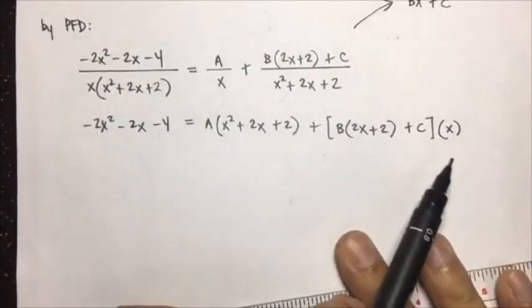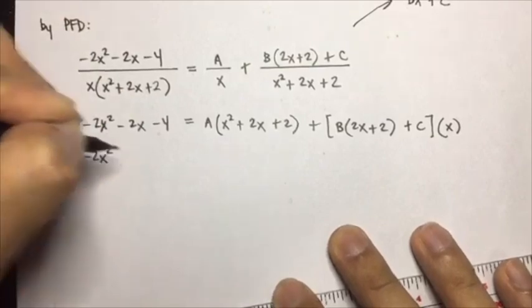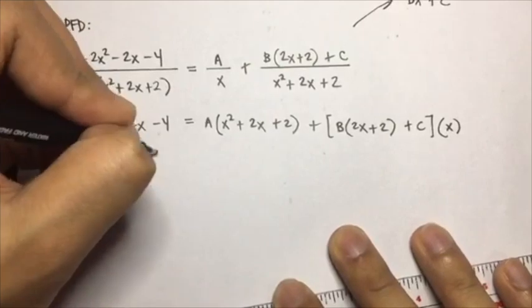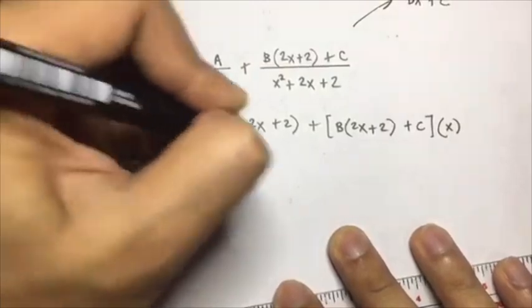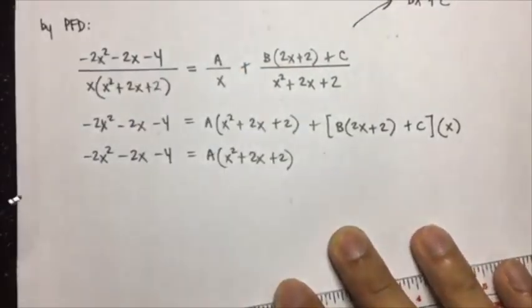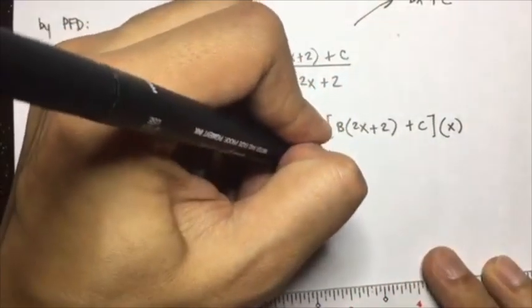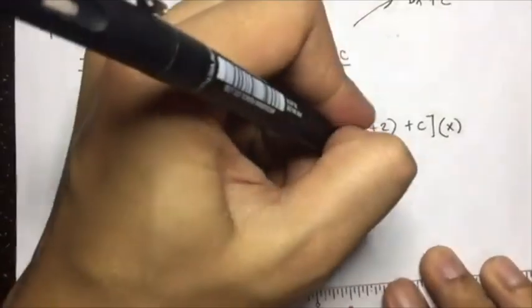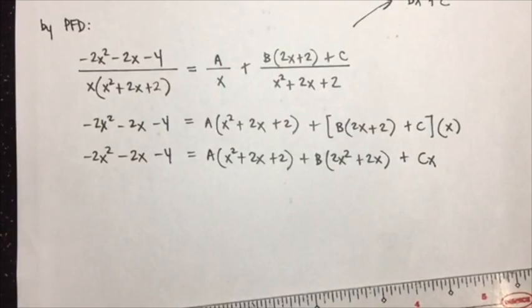Okay, so if we distribute x, we will have negative 2x squared minus 2x minus 4 is equal to a times x squared plus 2x plus 2, plus, distributing x here, it will become b times 2x squared plus 2x, plus cx. So from there we can now solve for the numerical coefficients a, b, and c.